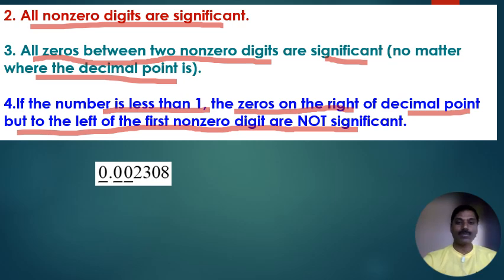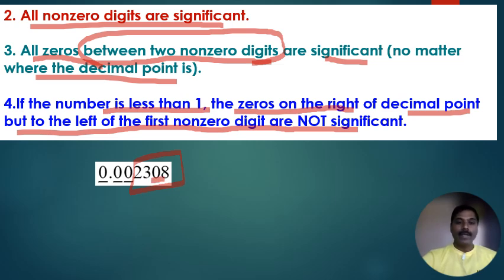Let us take an example so that you will understand better. In this number, 0.002308, in fact, 2308 are the significant figures. As indicated here, all non-zero digits are significant. Okay, 2, 3, 8 are non-zero digits. And all zeros between two non-zero digits are also significant, so this zero is also significant.